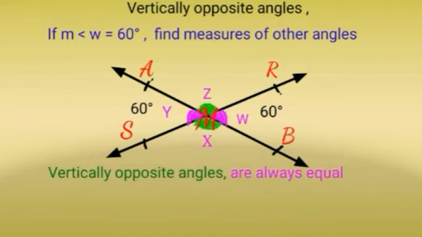We know that the vertically opposite angles are always equal. So, measure of angle Z is equal to measure of angle X. That means measure of angle X is equal to 120 degrees.